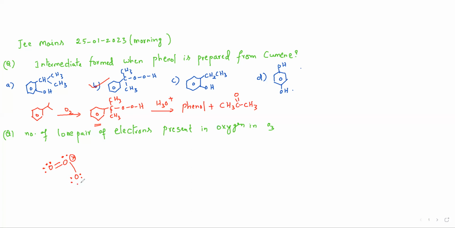Sorry, this is having three lone pairs of electrons. This will be having negative charge, because it is a coordinate covalent bond. So anyhow, the total number of lone pairs of electrons on the oxygen atom in O3: 1, 2, 3, 4, 5 and 6. So the answer is 6.